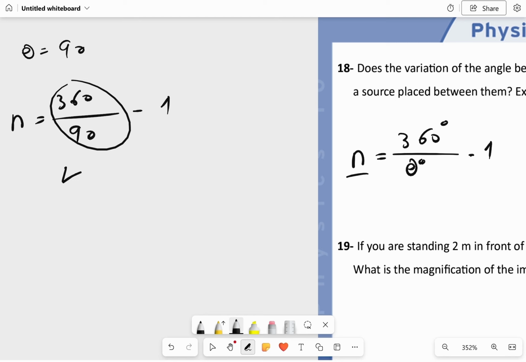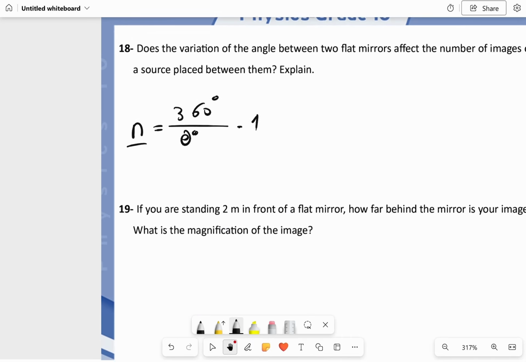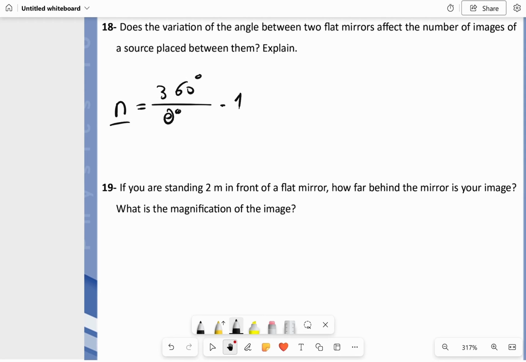This is equal to 4, so n is equal to 4 minus 1, and we have 3 images. This is the number of images formed by two mirrors that are placed perpendicular to each other.